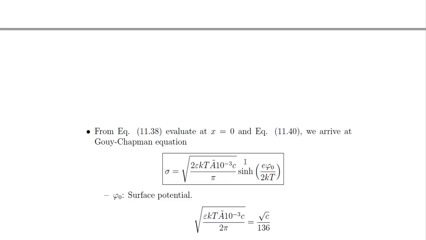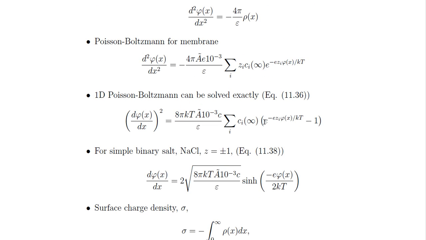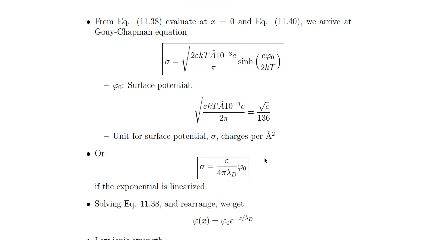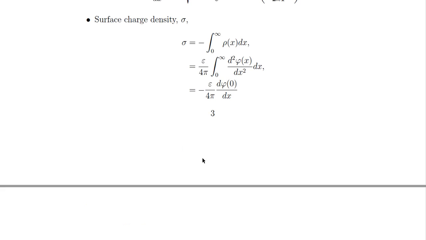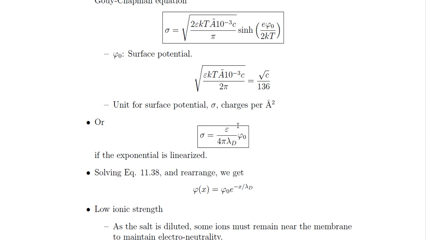Or if we linearize this one using the Taylor expansion and solve this equation, we get sigma equal to epsilon over lambda D times phi naught. So the charge density of the membrane can be calculated using this equation.